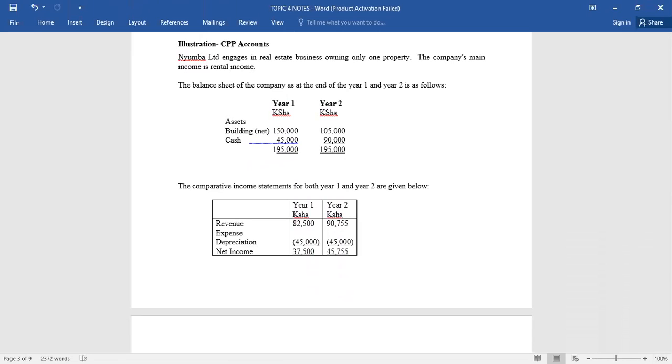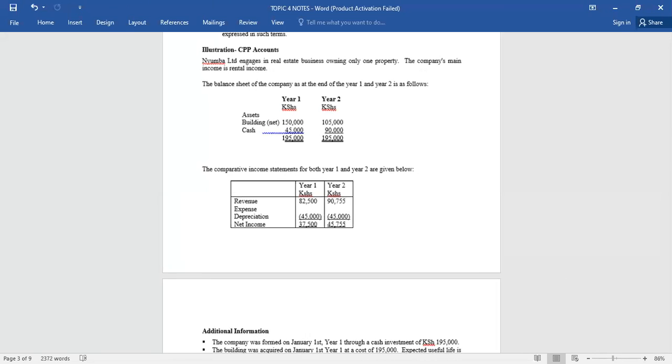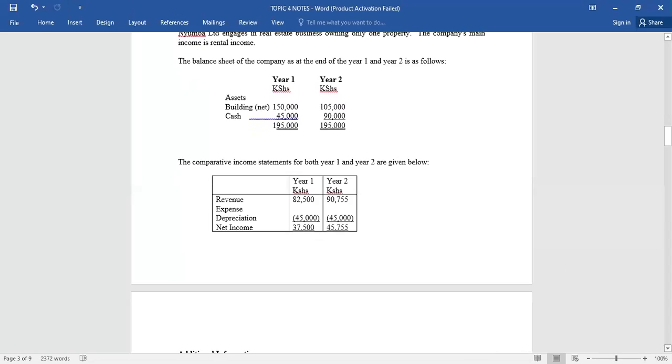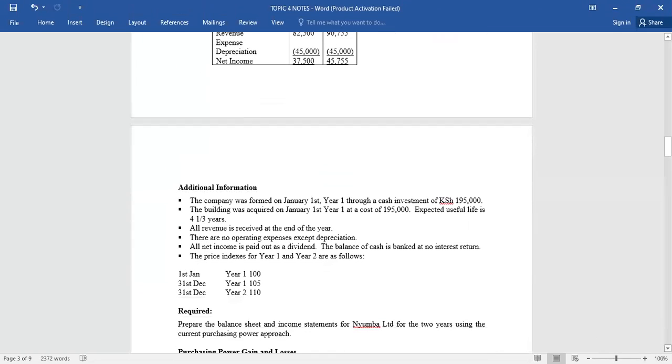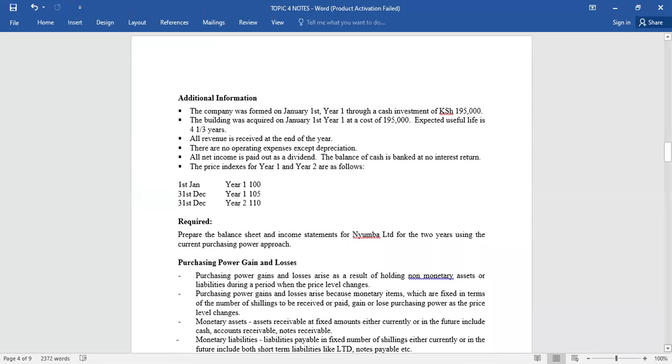Are you able to go to your portal? Good people, can you go to your portal and get this illustration? It is in the portal. I'll keep on leaving here, and on my end I'll have the advantage of multi-screening, but on your end, you will be inconvenienced.